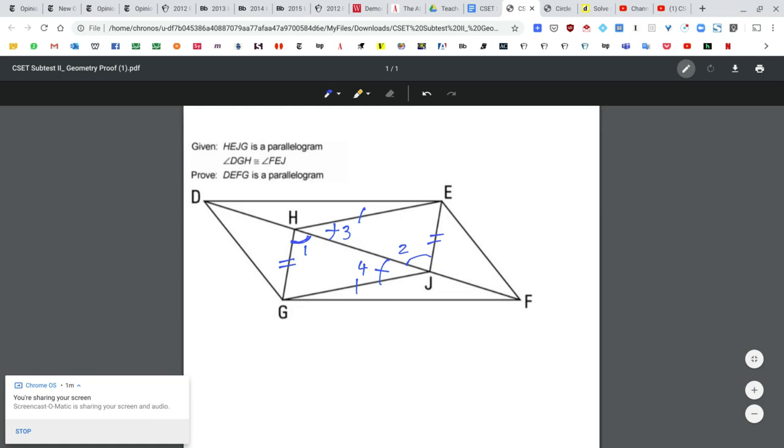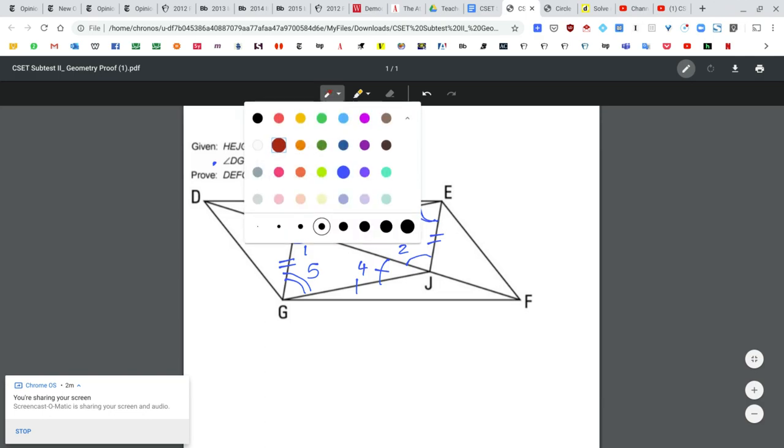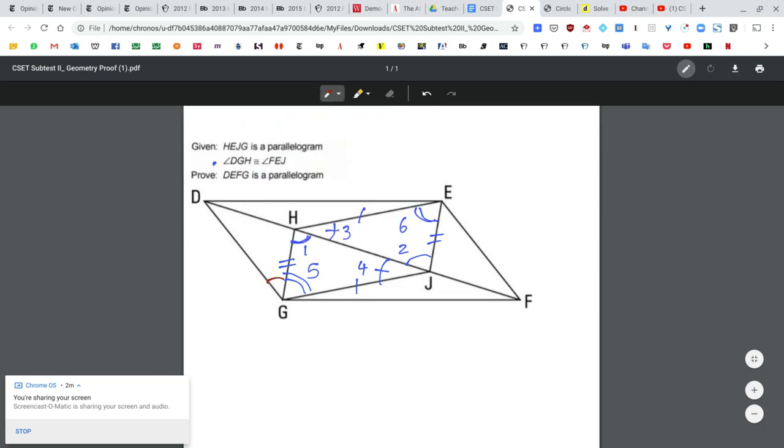We also know the opposite angles of a parallelogram are congruent. So I know also, let's say, angle 5 is congruent to angle 6. Now, I do not know what information is actually going to be used for this question, but I'm just processing the given information. They also say that angle DGH, that's this one, let's call it 7, is congruent to angle FEJ, that's this one here.